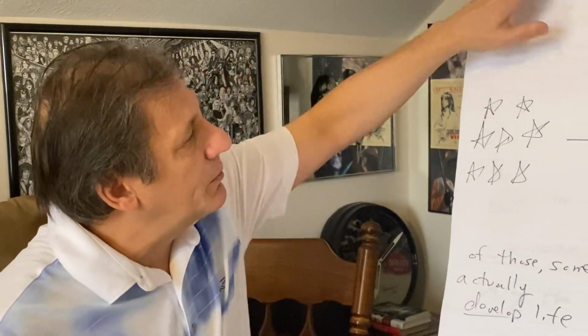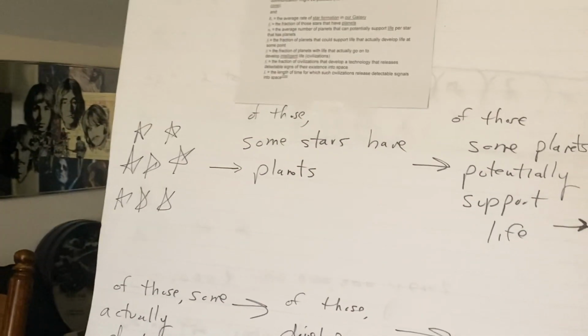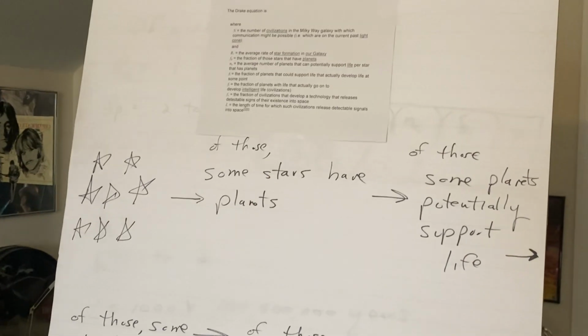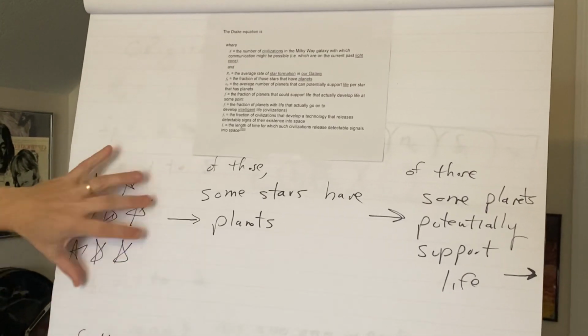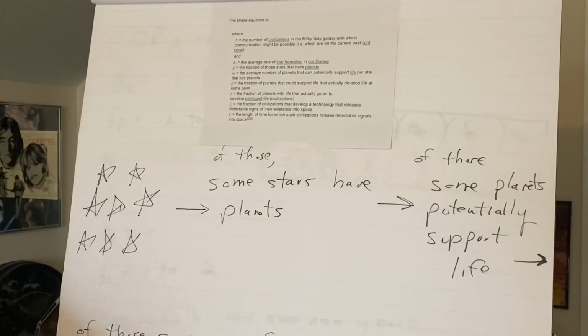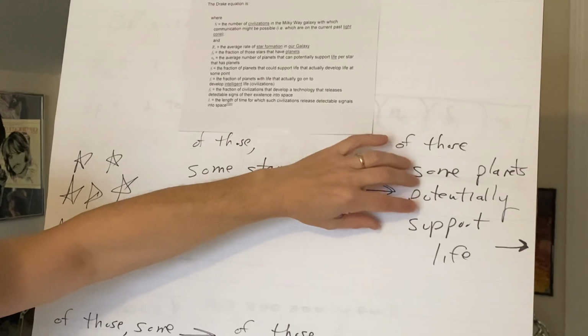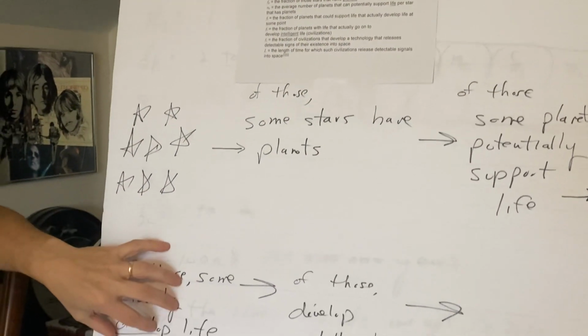Okay, so let's look back at this and just try to conceptualize what's going on, right? So we have civilizations in the Milky Way Galaxy. They have a certain number of stars. Of these stars, some have planets. Of the planets, some potentially support life. Of the ones that potentially support life, some actually develop life.